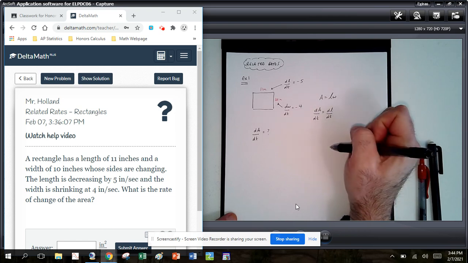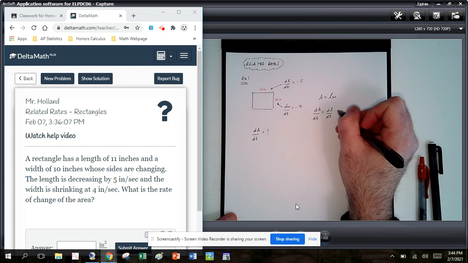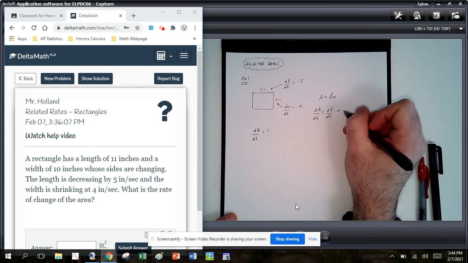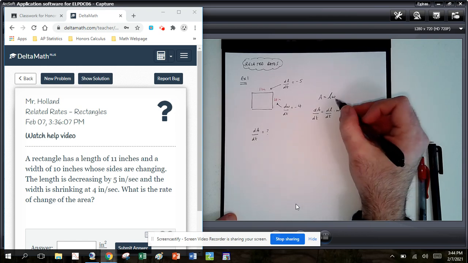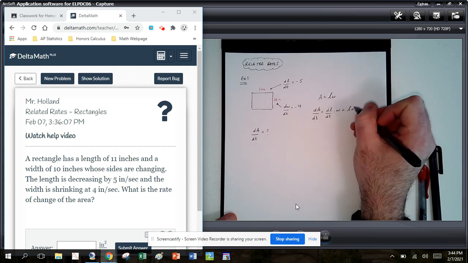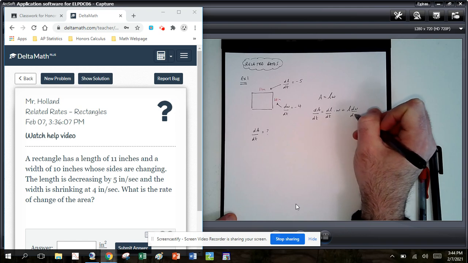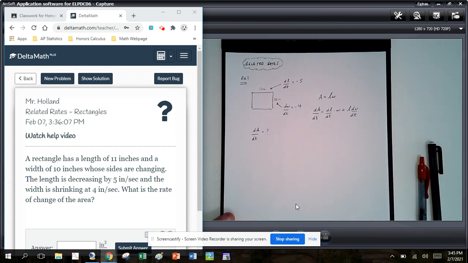So dl with respect to time, and then I multiply that by w. Plus, I leave the L where it is, and now I take the derivative of w, which is 1, and then dw dt. So that's going to be my derivative of the area.